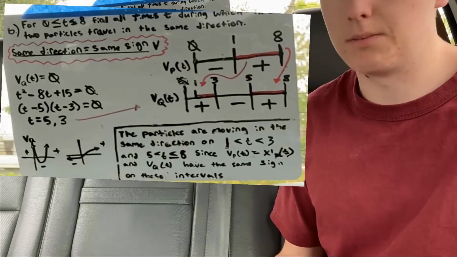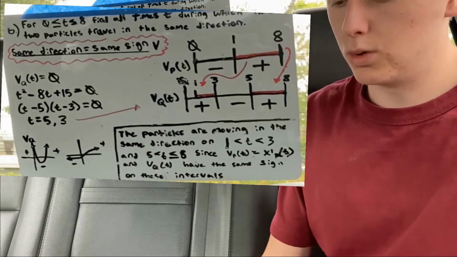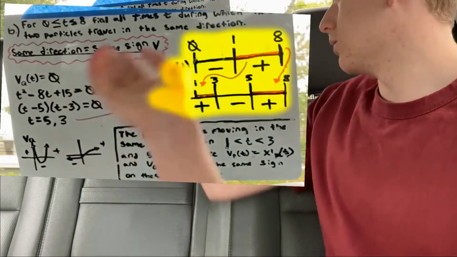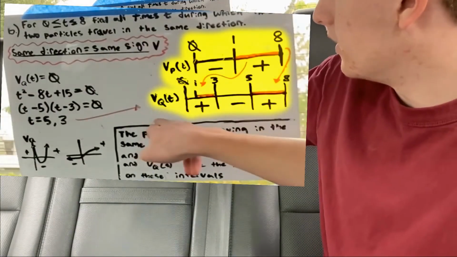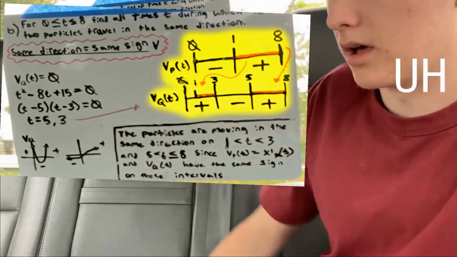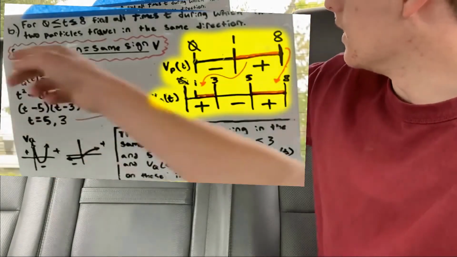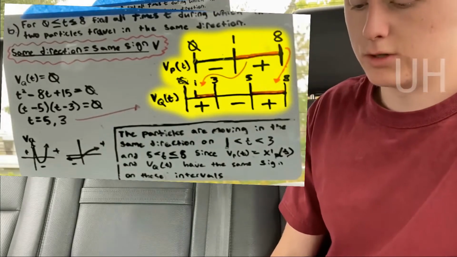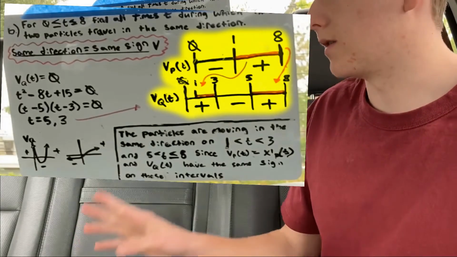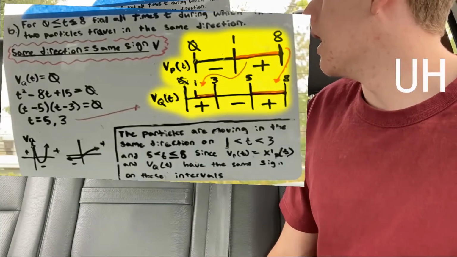So common mistakes to make for this question would be only putting one of the intervals here. So if you only found the interval for the velocity of particle q, and you did not compare it against the velocity of particle p, you would lose 1 point, so you get 1 out of 2 points on this question.